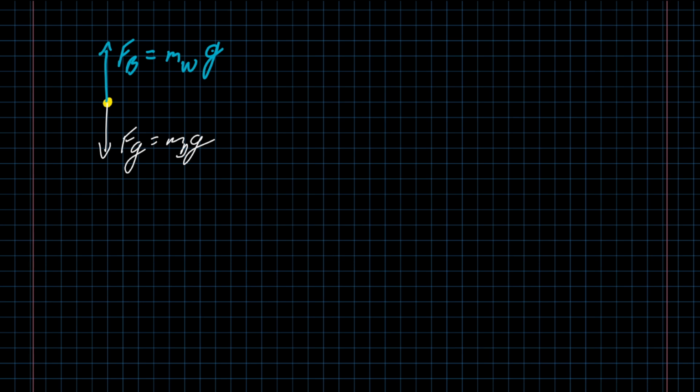And now we have the equilibrium condition. I said that the duck is floating in the water, which means it is not being pushed upward, it is not being pushed downward. It's sitting at a balance point. And the only way we can have that balance point is if the buoyancy and the weight are equal.